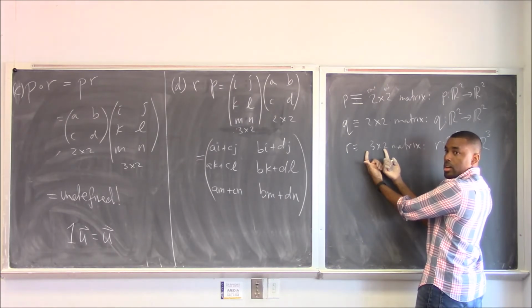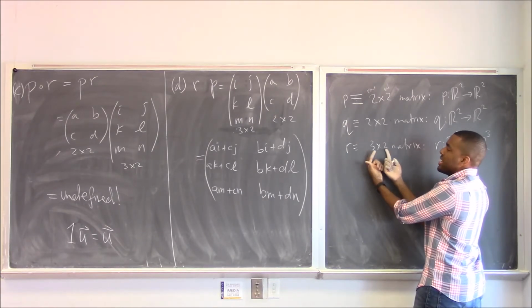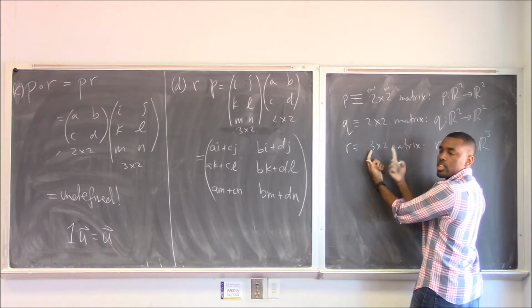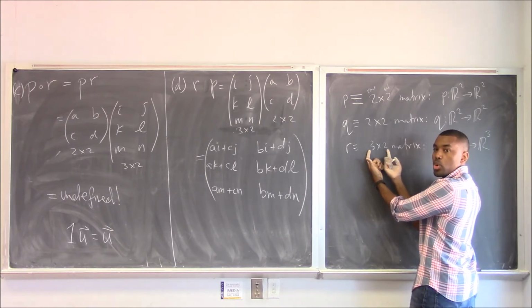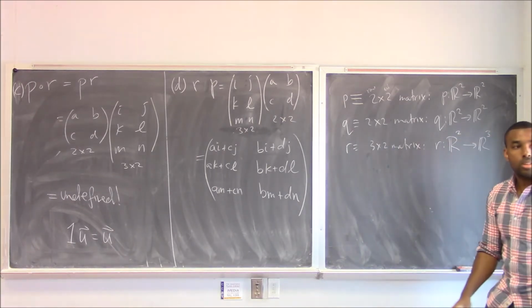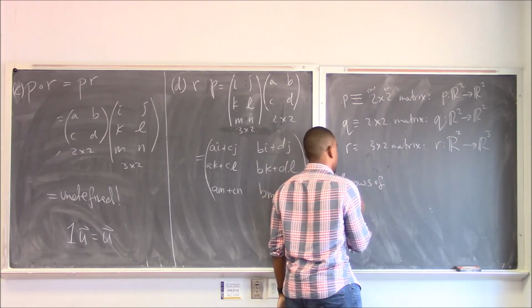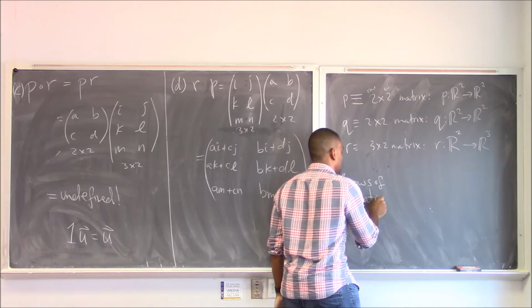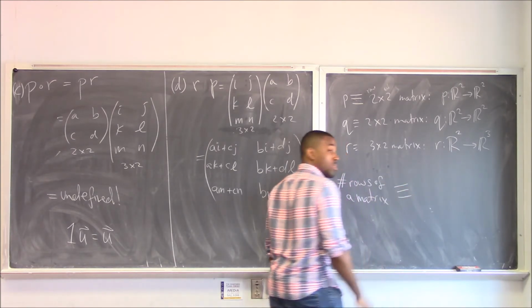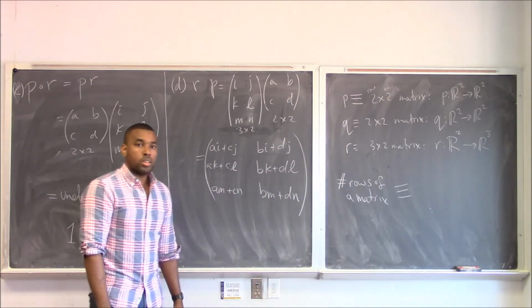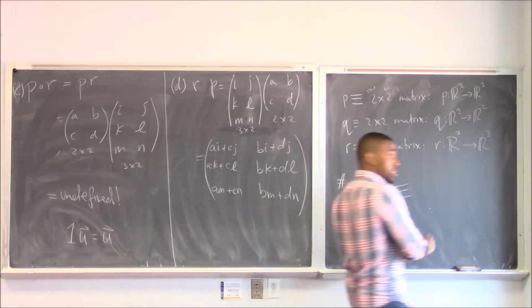In other words, what can I say the number of rows is equivalent to? And what is the number of columns equivalent to? The dimension of the codomain.